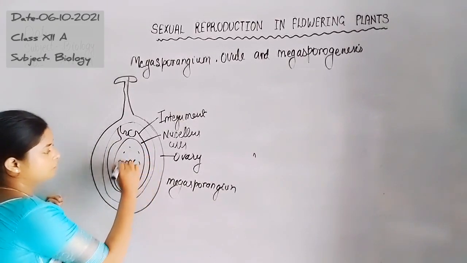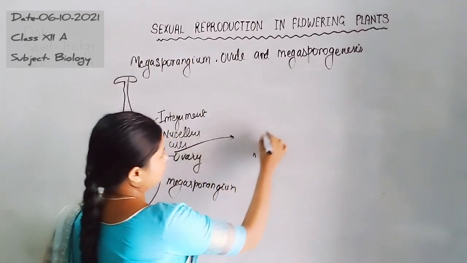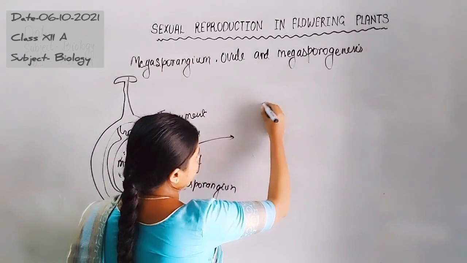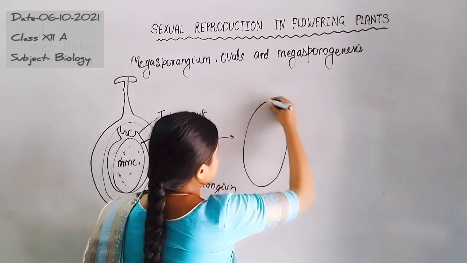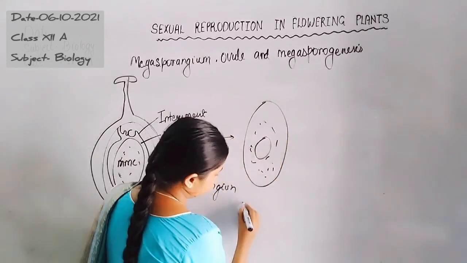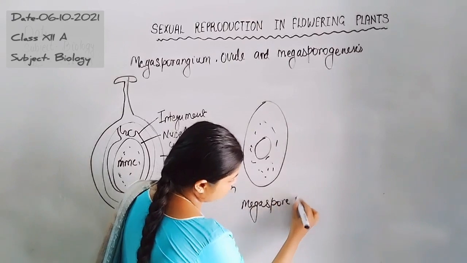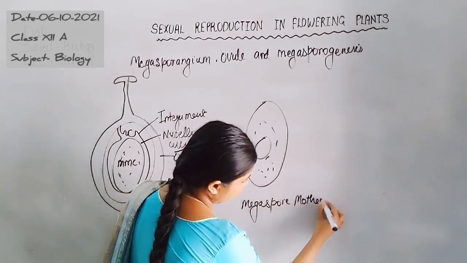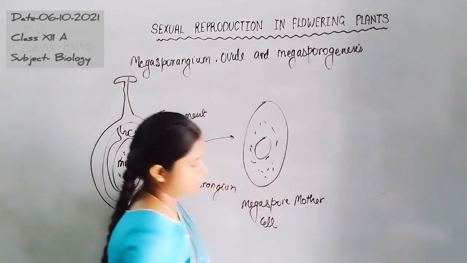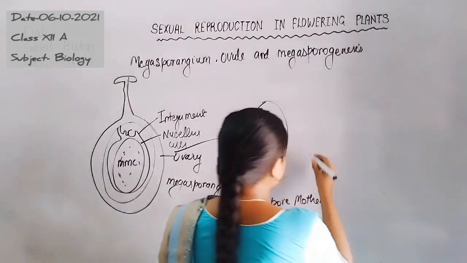The megaspore mother cell undergoes meiosis division. So this is the megaspore mother cell.